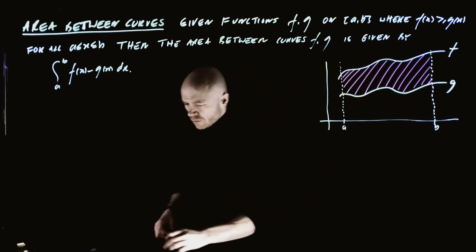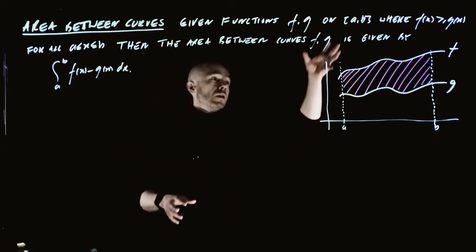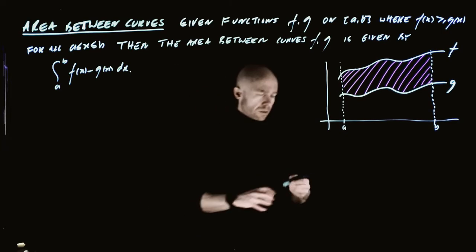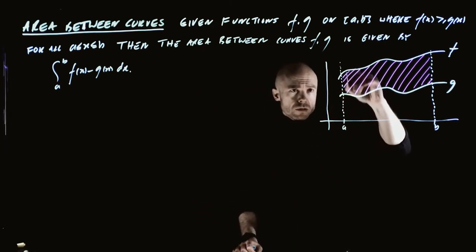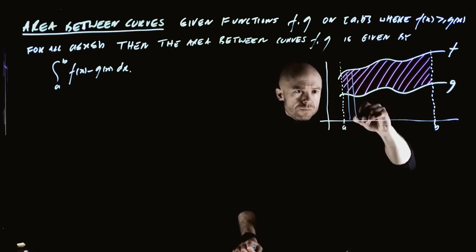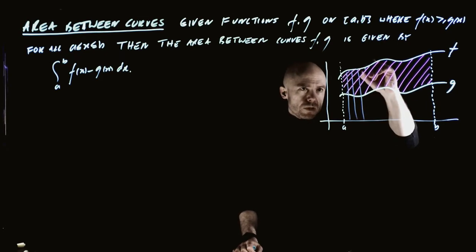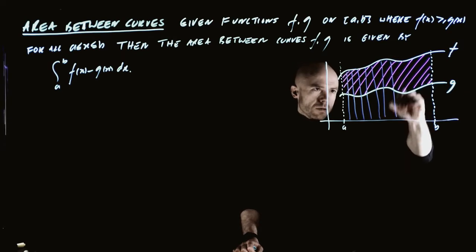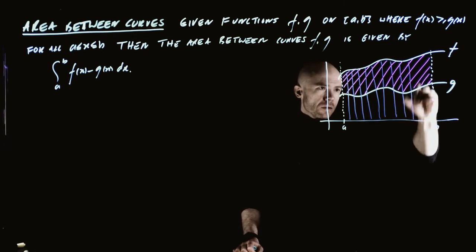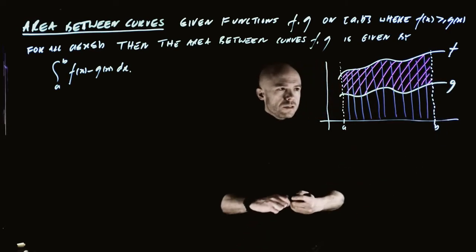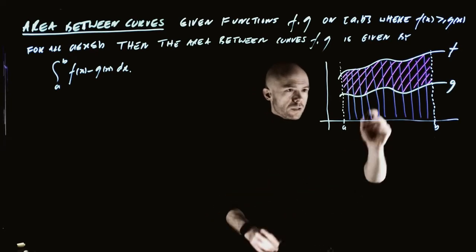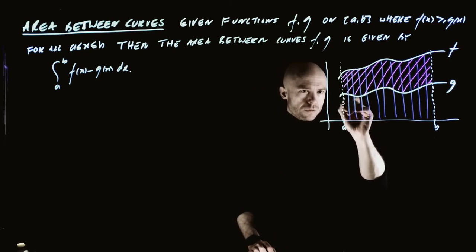And if we think about the area underneath the graph of f, that is all of this stuff here. And the area underneath the curve given by g is all this stuff here.